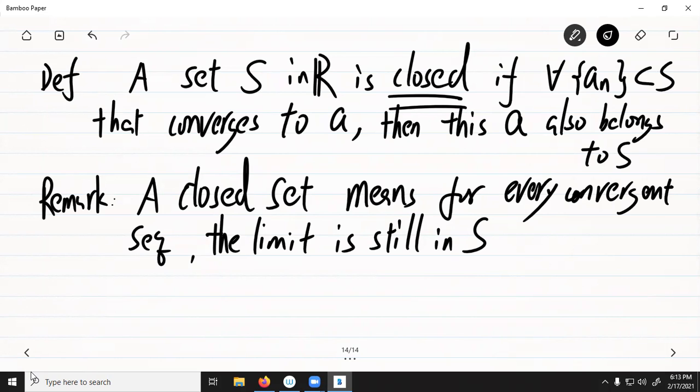Any convergent sequence in this S, the limit must be inside. The limit cannot be outside, okay? Must be inside. Then we say the set is closed.